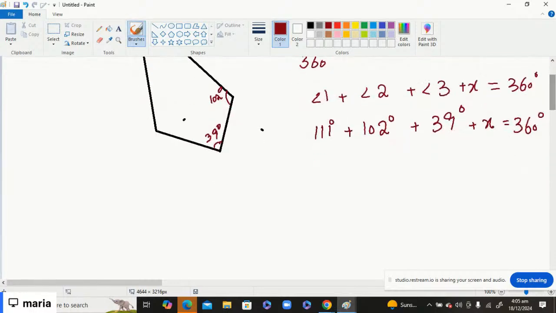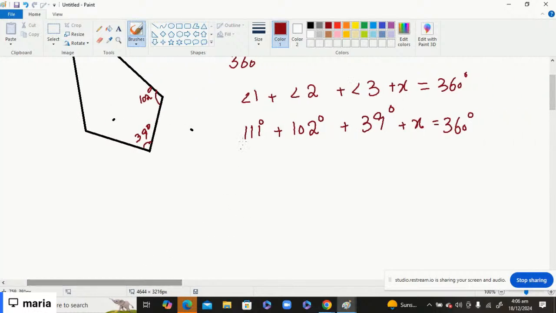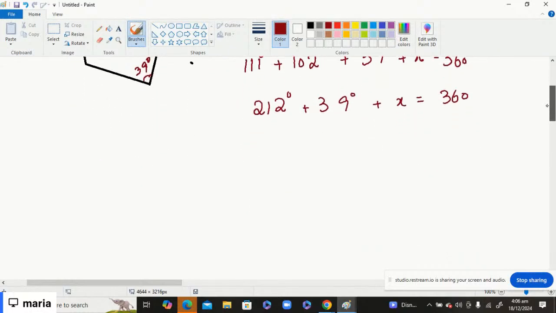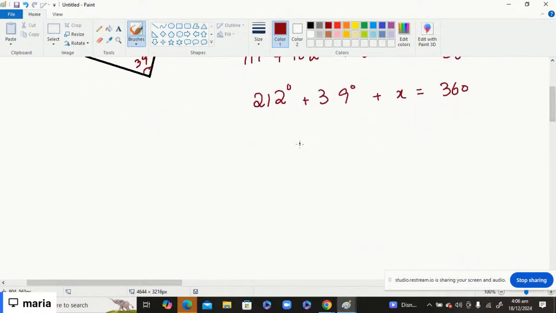Now let's add up. 111 plus 102 plus 39 degrees plus x equals 360. Now 251 degrees plus x is equal to 360 degrees.